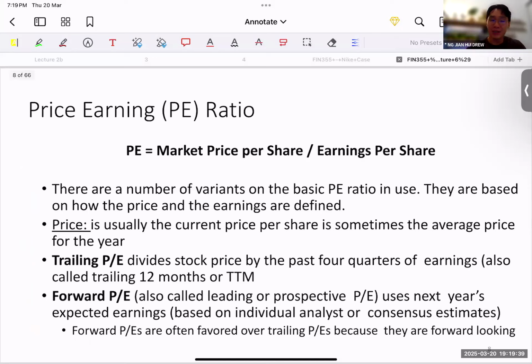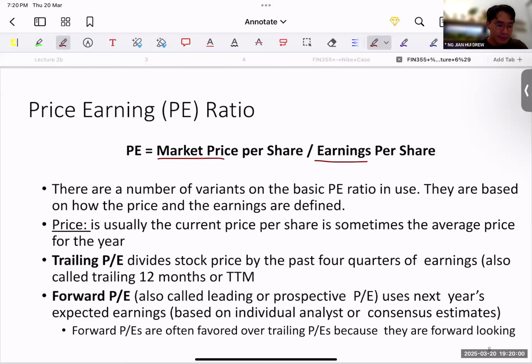Okay, let's go to the first ratio, perhaps the most famous ratio called the PE ratio or price to earnings ratio. So in simple terms, what is this? We are going to use the market price per share divided by earnings per share.